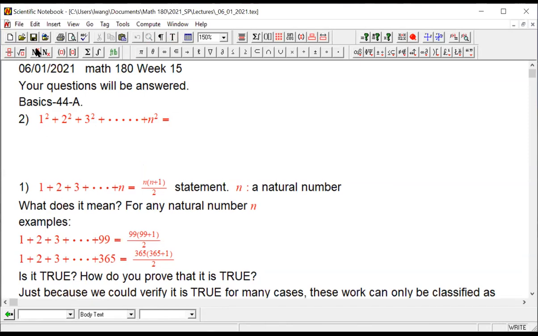Okay, so I'm going to write down the narrative. How do you express this? The sum of squares of the first n natural numbers. Does that narrative make sense to you?